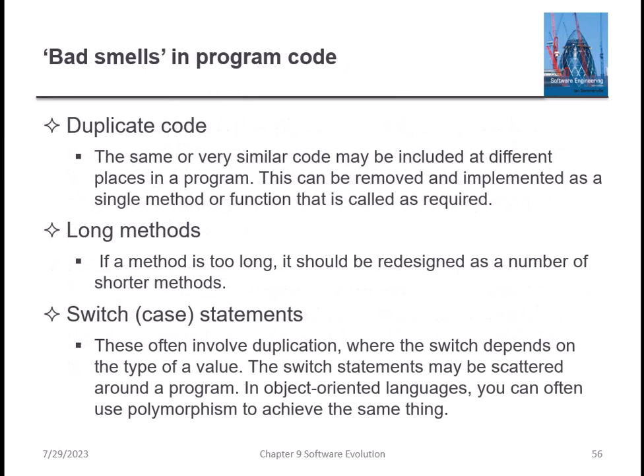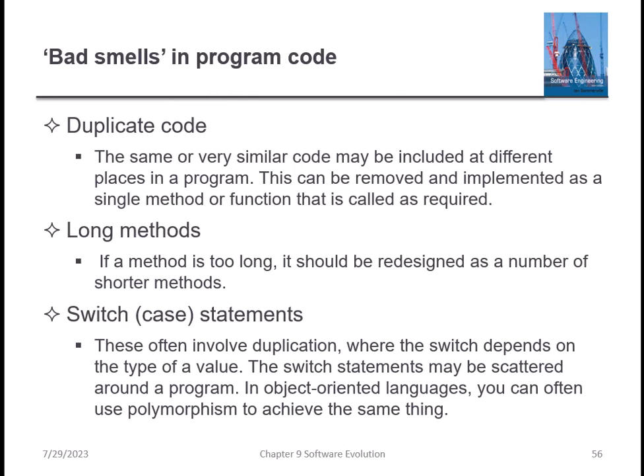Bad smells in the program code should be understood. Duplicate code: if the same or very similar code is included at different places, we should remove it, and if there is a need for it, we can just call that code. Long methods: if a method is too long, it should be redesigned.